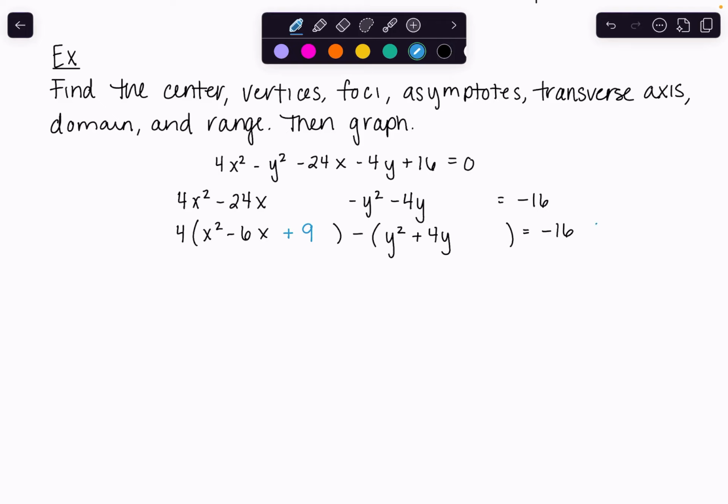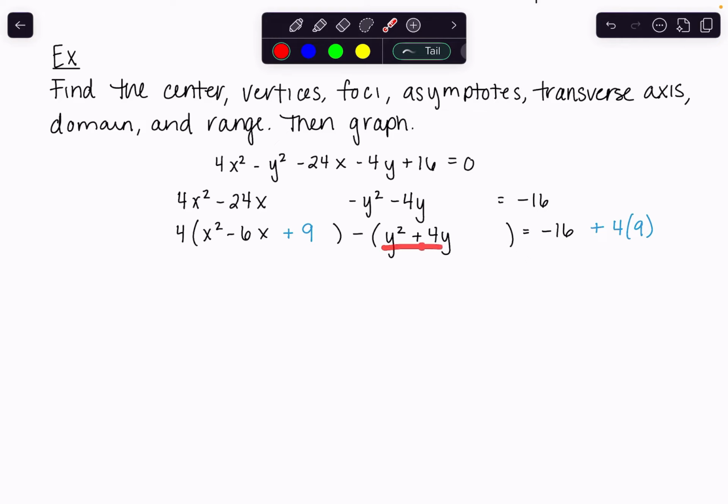The problem is I don't just add a 9 to this side, because really what happens is this 4 would distribute back to everything. So over on this side, I really have to add a 4 times 9. So again, if I were to distribute the 4 in front, that's 4x squared minus 24x, and that would be plus 36. So we really need to add plus 36 over here.